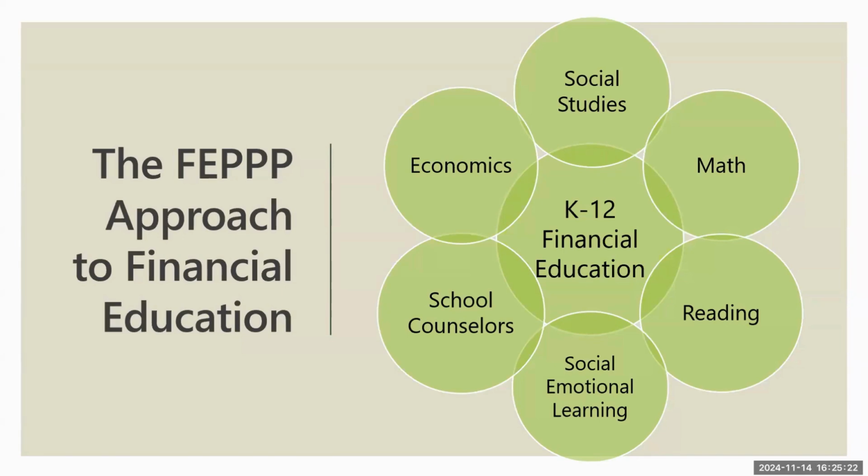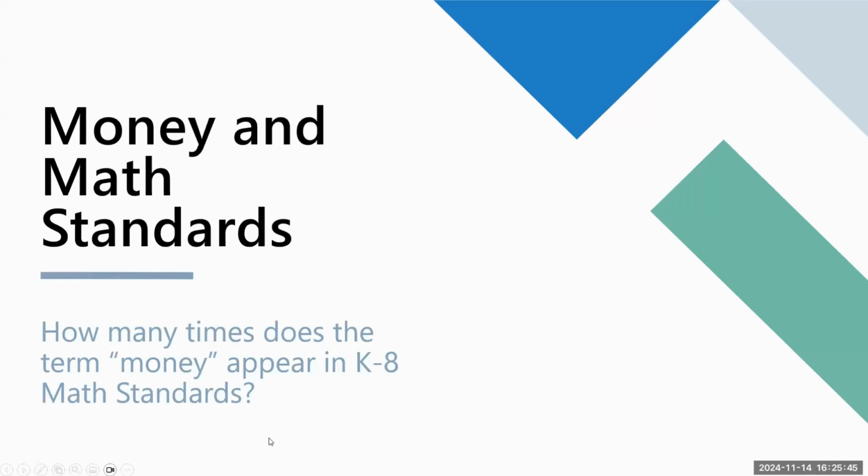We look at where it can connect, like we're going to talk about math, but social emotional learning, in economics, in social studies, in computers, with school counselors. There's a lot of different areas where this can fit in. And that is a little bit about us and our approach and why we feel it's completely appropriate to focus on K-5 and bringing this information to our youngest learners.